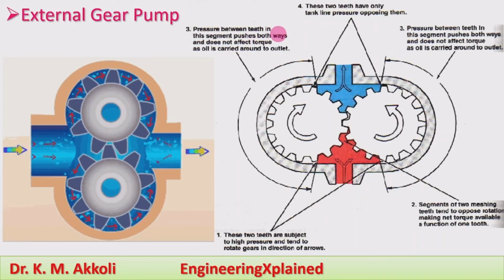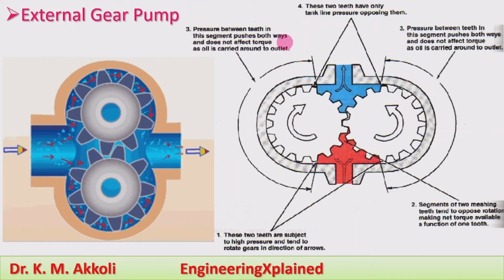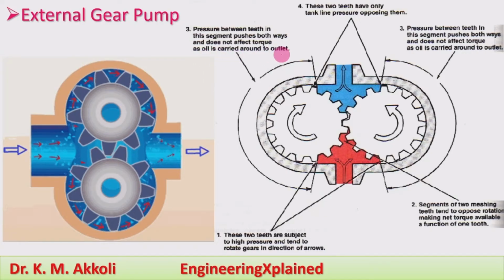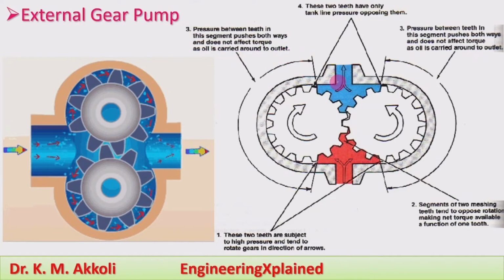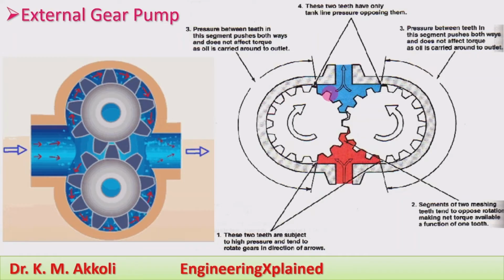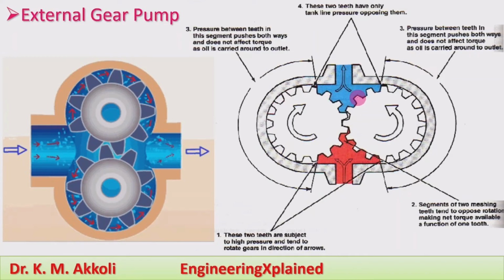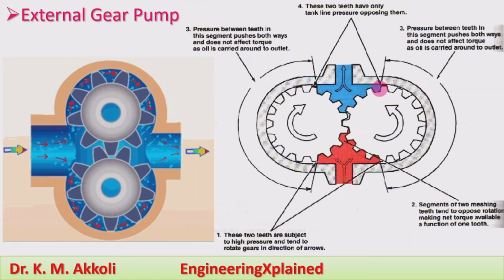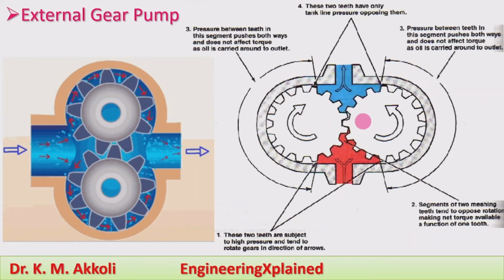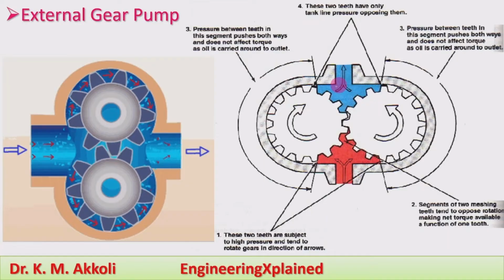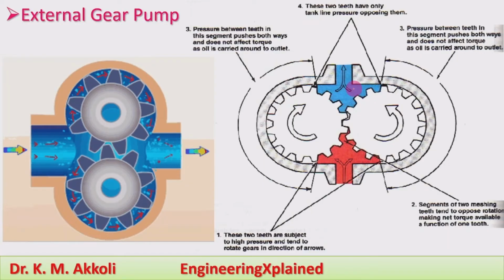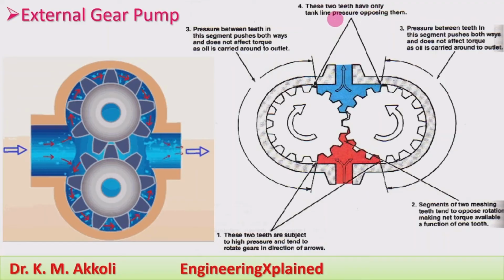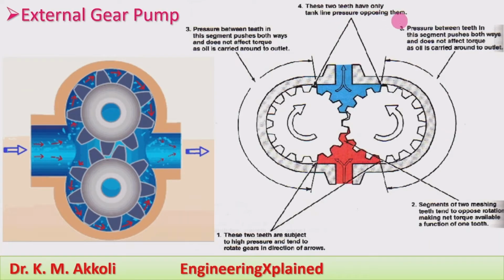The oil is carried around and reaches this point. Here, when these two teeth push the fluid and engage, the pressurizing takes place, and the fluid will be pressurized in the delivery line. These two teeth have only the tank line pressure opposing them.